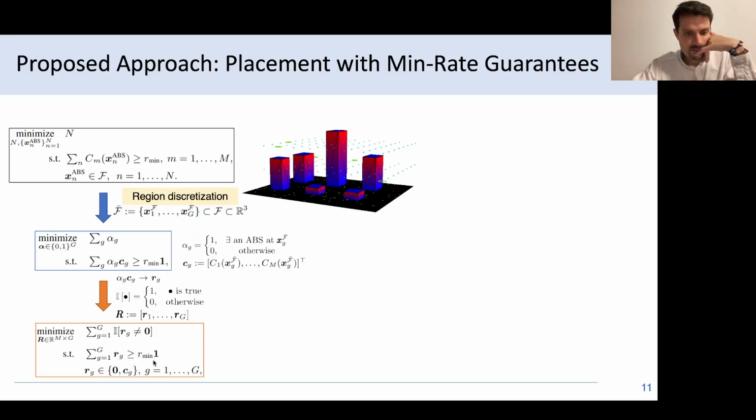So now we have replaced this restriction that these alphas have to be either 0 or 1 with this restriction that this variable that we introduced is either the 0 vector or the capacity vector. The problems are equivalent.